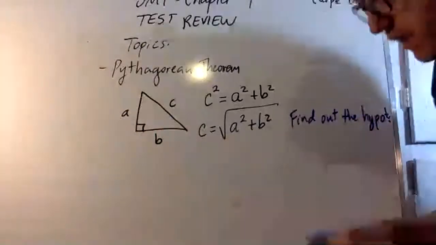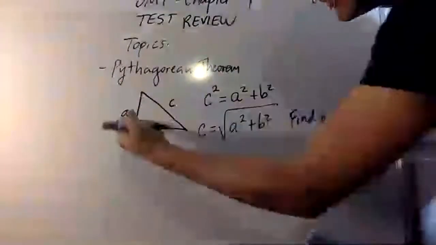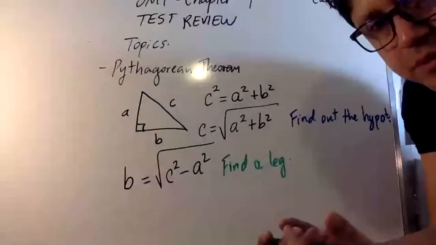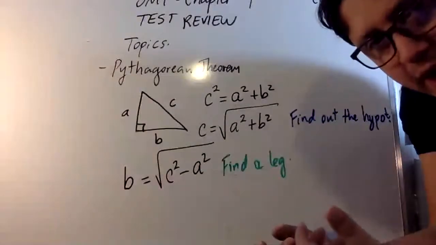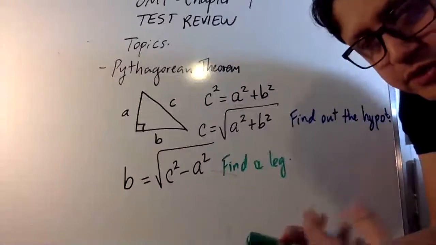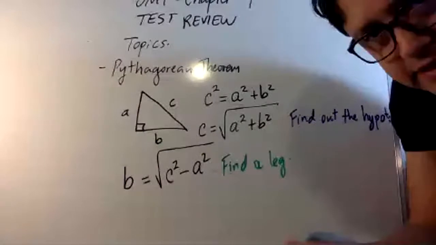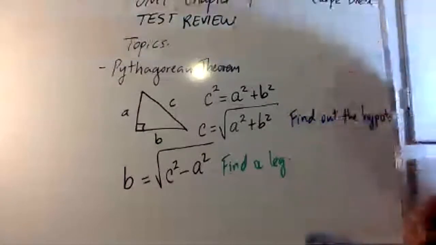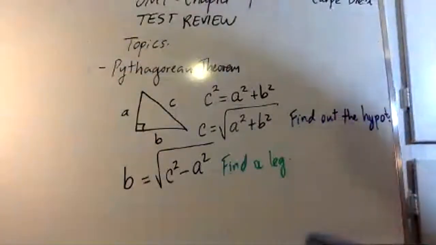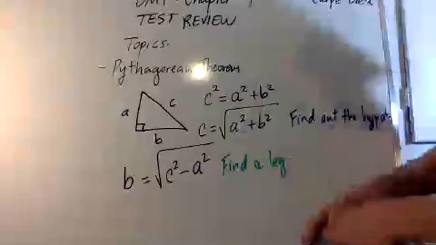Depending on what you want to find in an exercise or problem situation, you discover which form to use. Okay, so check this. Now let's continue with the next part.